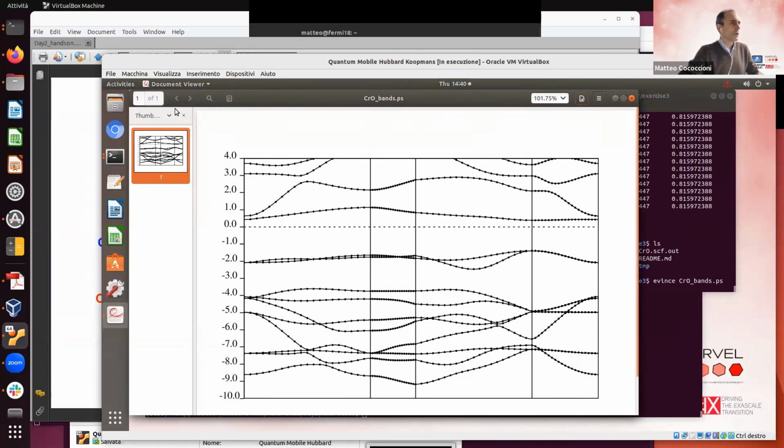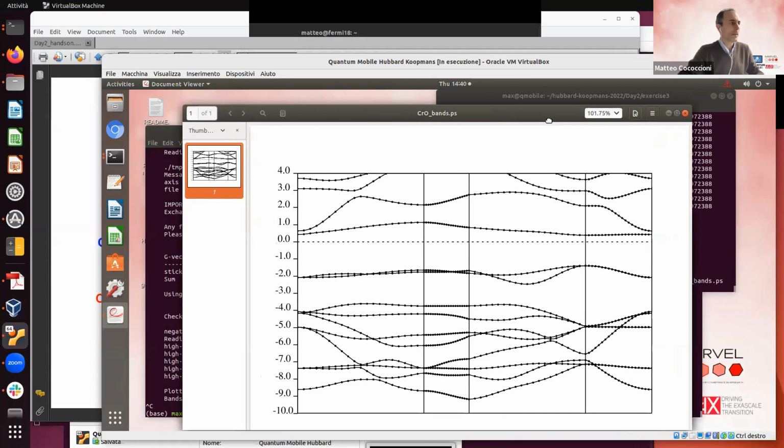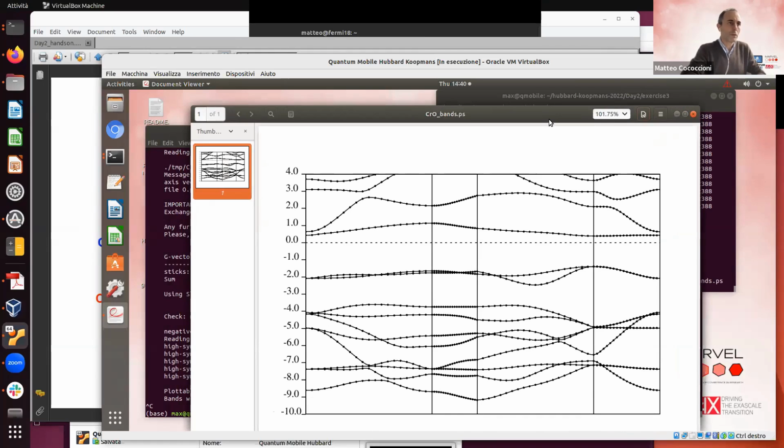So we got what we expected. Again, maybe this is not the only way to break the symmetry to get an insulating state, provided that this material wants to have an insulating state. Maybe you get to some lower energy ground state with a gap in some other way, breaking the symmetry some other way.